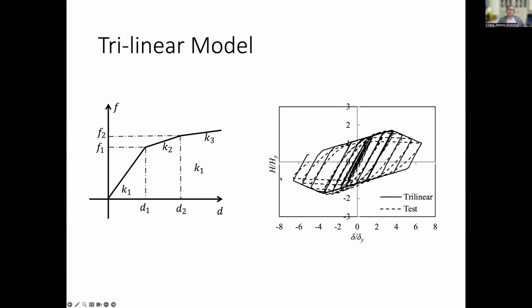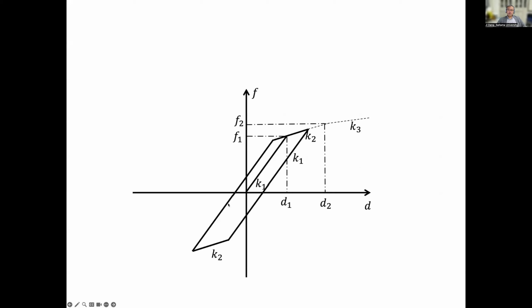Or we have something like a rubber bearing with a hardening effect, where the third gradient is even larger. Or we smoothly simulate the curve, with the gradient going lower smoothly, not by one, but by two plastic gradients.